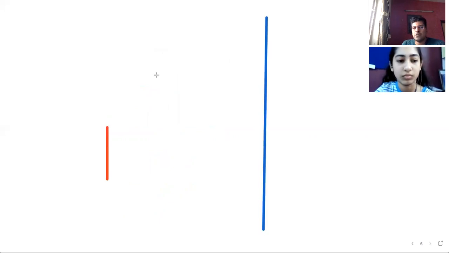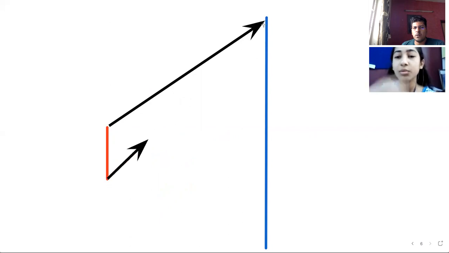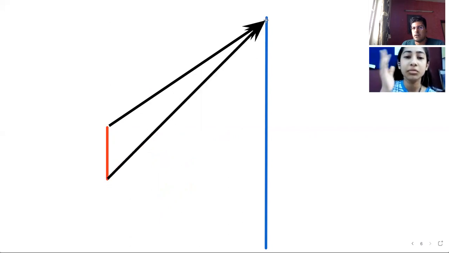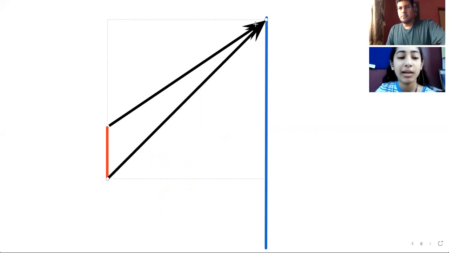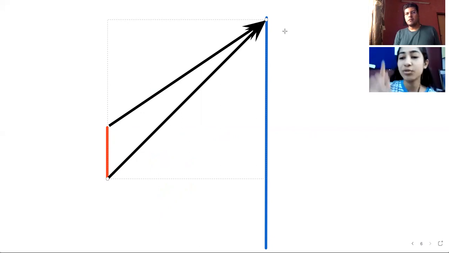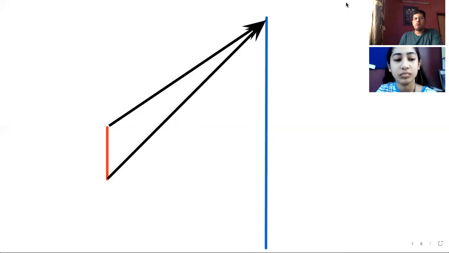From the very first slit, my ray or wave is passing, and another wave is also passing. Okay, so the very first one is S1, the second one is S2.